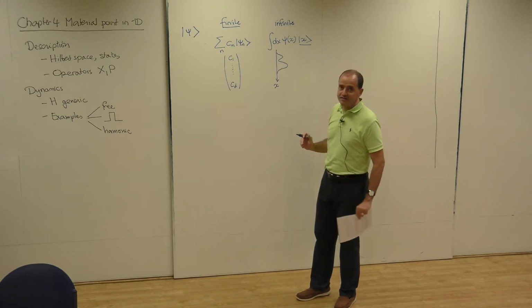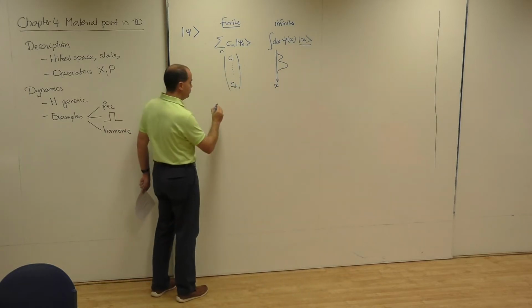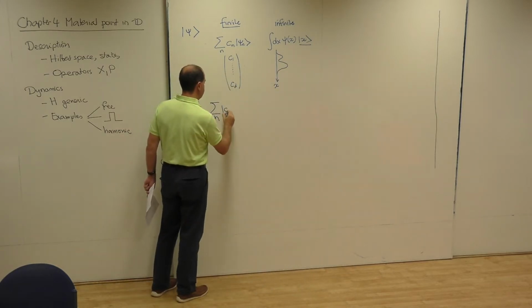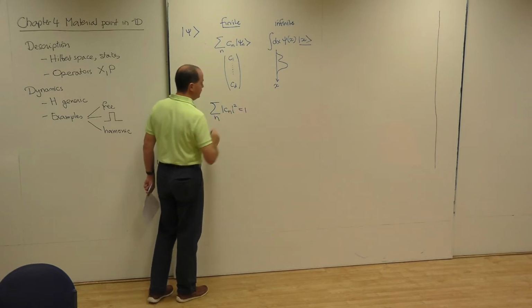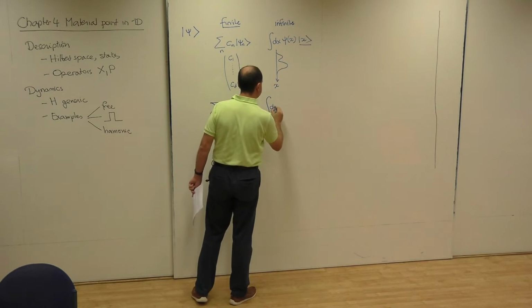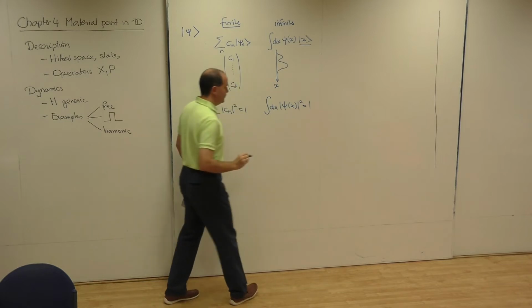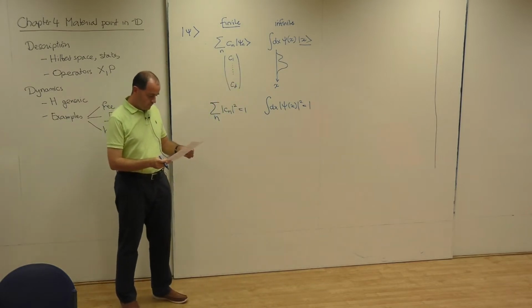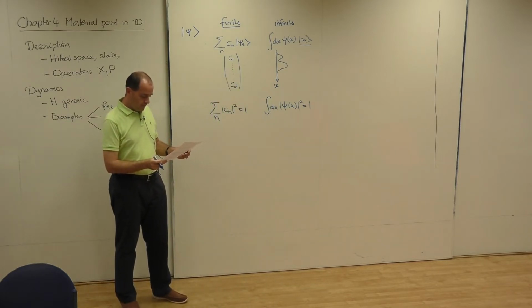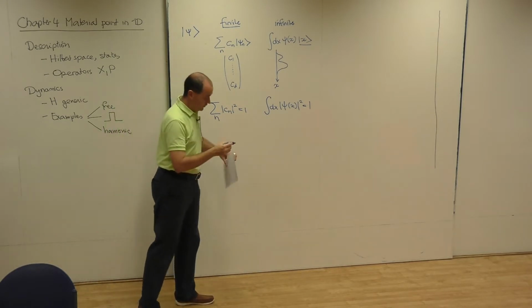Now, we had the normalization of the state. The normalization here for finite dimension was that the sum over n of |Cn|² is equal to 1. What is going to be there? Well, you can imagine the integral dx |ψ(x)|² is equal to 1. And this function is the famous wave function.